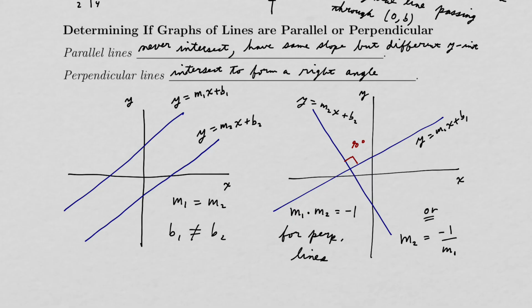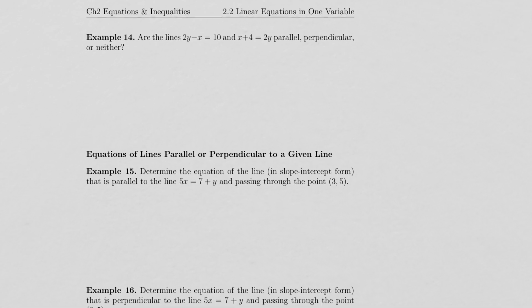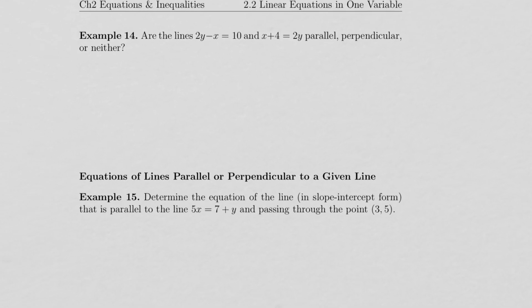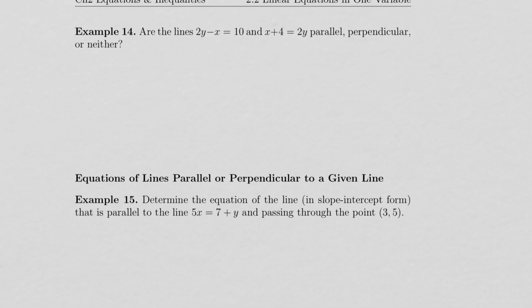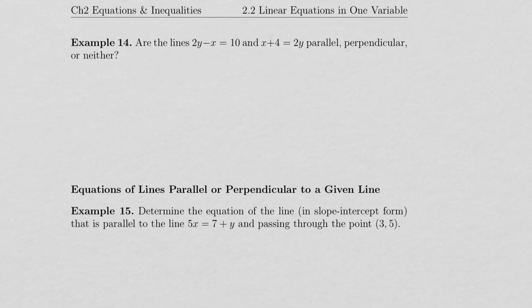Okay, so let's do a little bit with that. So let's first figure out whether these two lines that are given are parallel, perpendicular, or neither. So the way to answer that is put them in the slope-intercept form, right?